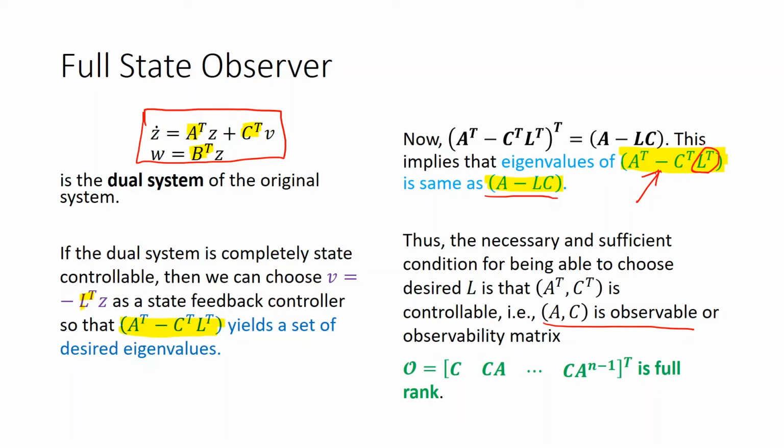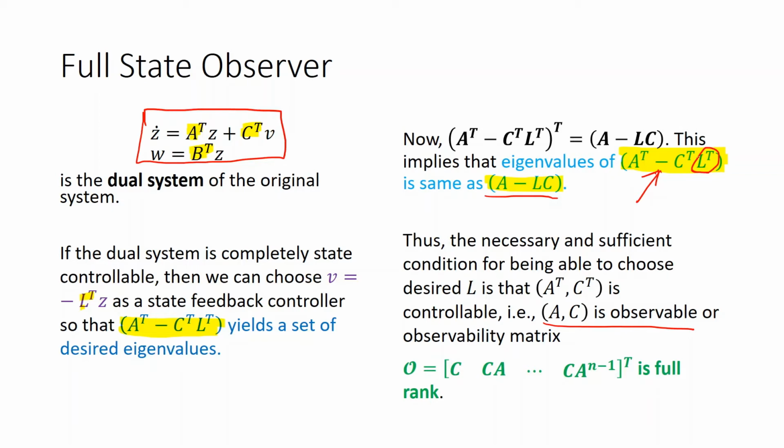You can then choose your L transpose, and that will give you L, and that is the method basically. So all the previous methods for choosing the state feedback gain K hold here to choose the matrix L transpose.